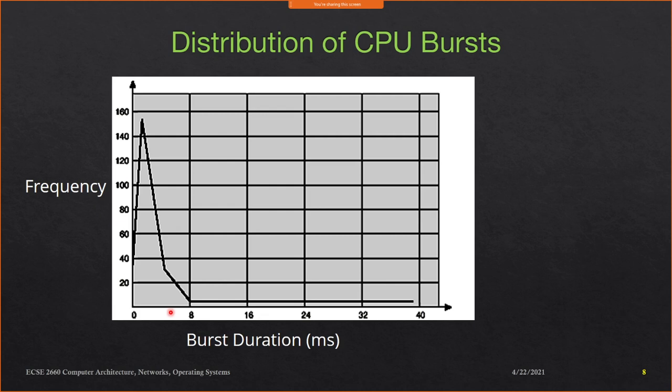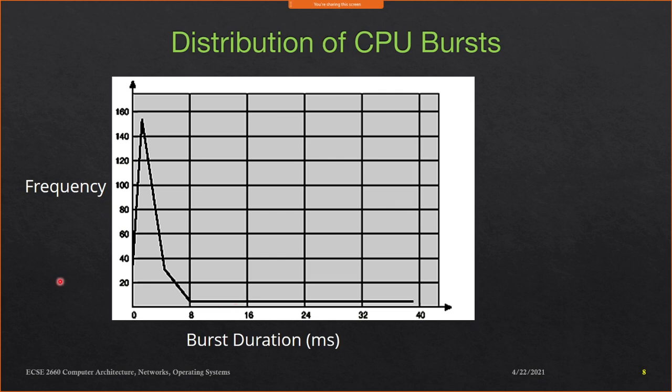So here you have a distribution of the CPU bursts, and on the x-axis is the burst duration in milliseconds. As you can see, this is the result of experiments over many computers that have been extensively measured.